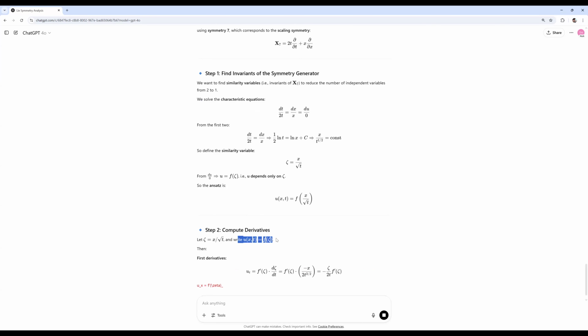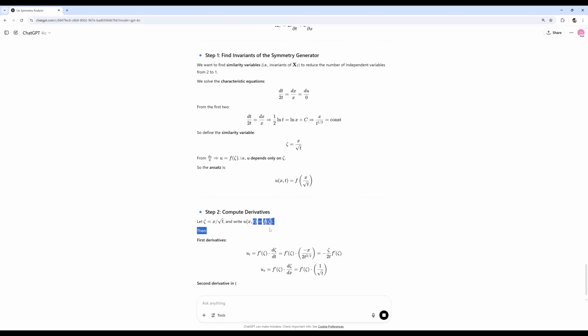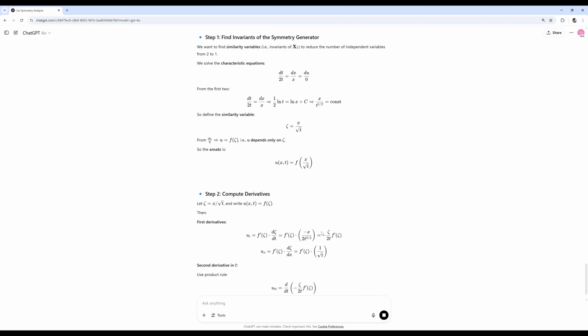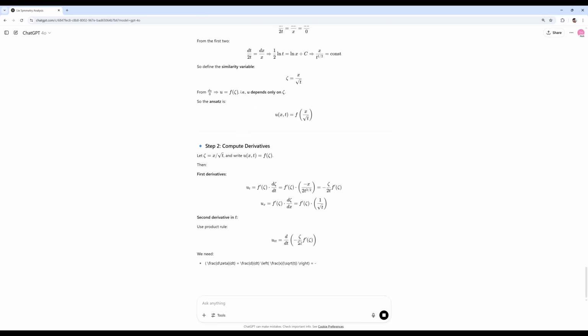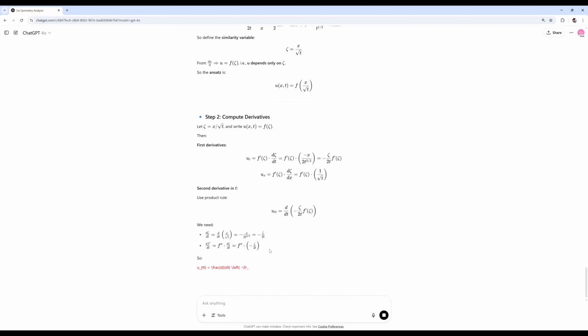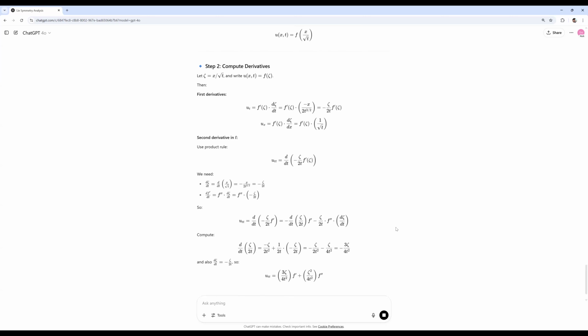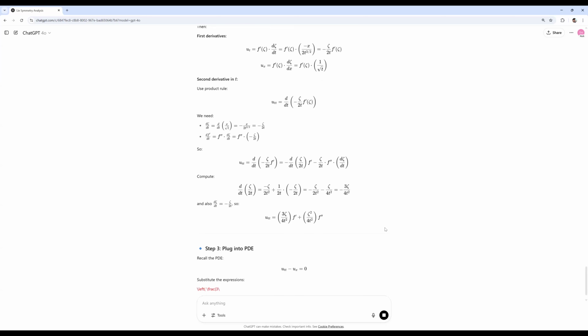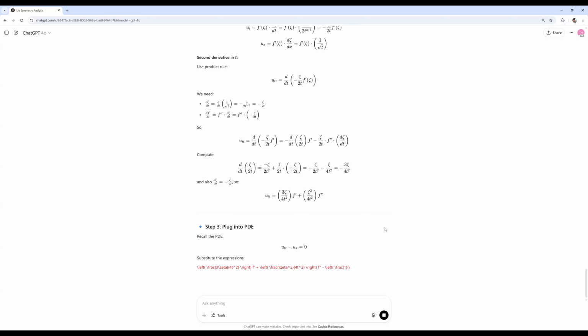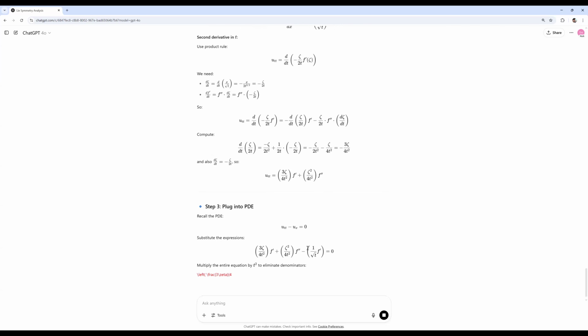So compute the derivatives. Okay, it's doing it step by step, so you can learn to do it. And replacing, you end it. Okay, let's apply the chain rule again, and do it very analytically. Okay, replace with the ODE into the PDE and end it with that ODE.